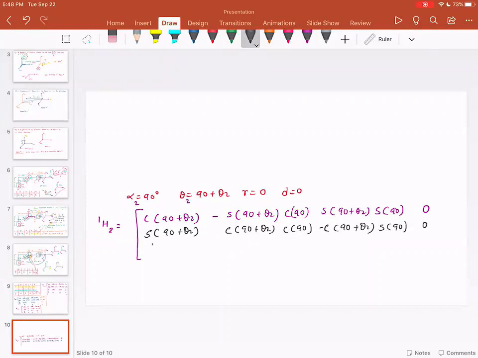Then 0, sine of 90, cosine of 90, distance is 0, and 1. Then 0, 0, 0, 1.